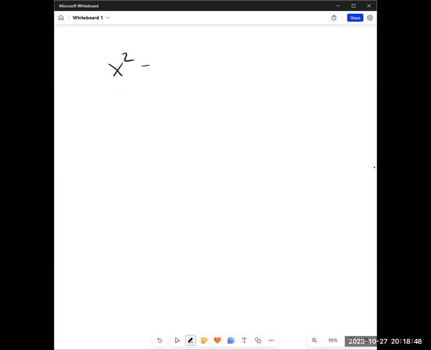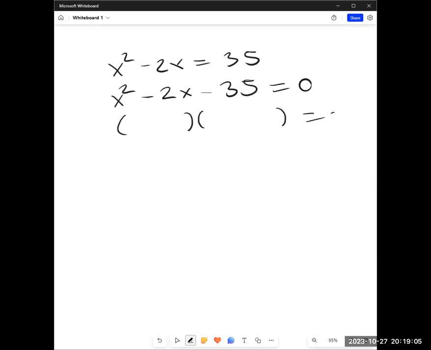x squared minus 2x equals 35 is not ready to be solved yet. I need to subtract 35 from both sides to get it in the form of ax squared plus bx plus c equals 0. This has a leading coefficient of 1, so we're going to use our factoring technique for that.